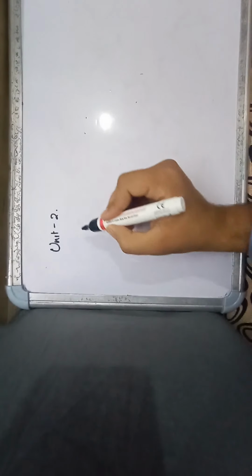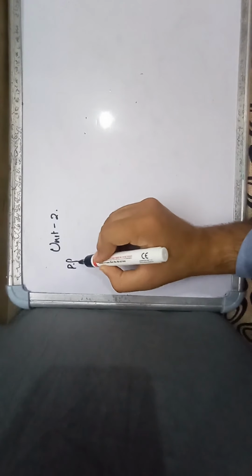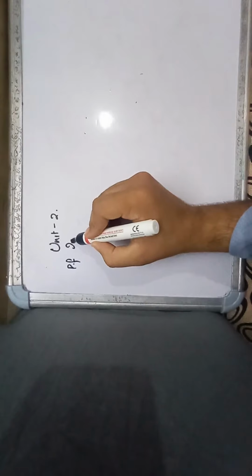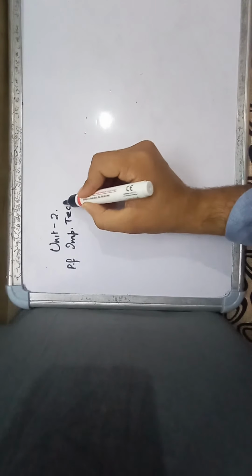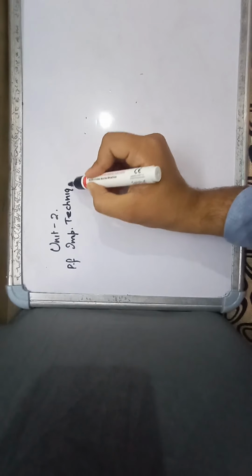Today we will be discussing unit 2, that is your power factor improvement techniques. Till now you might have heard this term a lot, and most of you feel that the aim of engineering is improving your power factor. That is the ultimate goal.